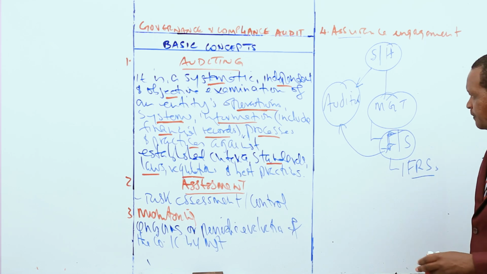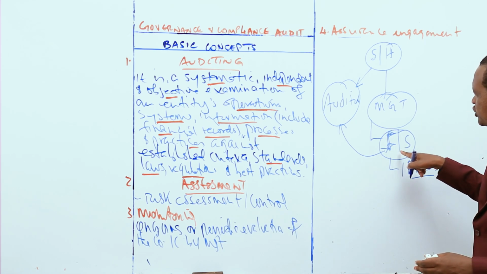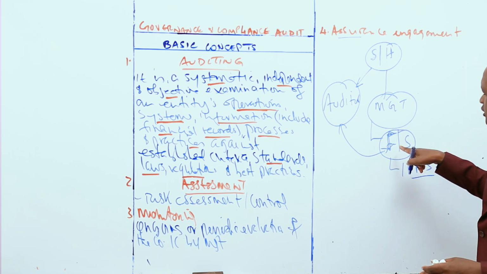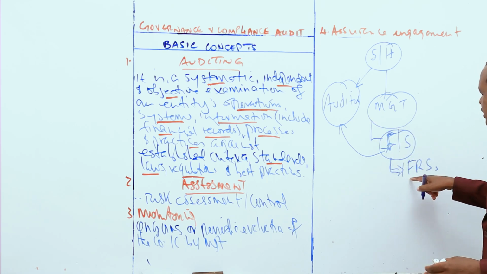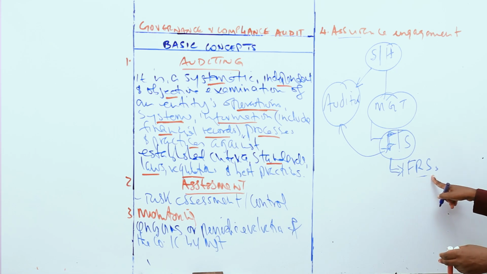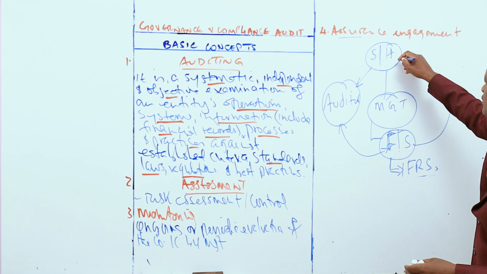So when the auditor examines these financial statements, the auditor checks to determine whether the management has prepared these financial statements in line with the International Financial Reporting Standards, and then reports to the shareholders.